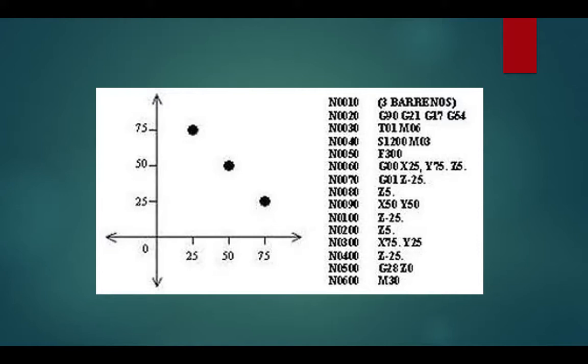It means that it is a number of block or programming line. Well, we start with the G99, that is absolute system coordinates.